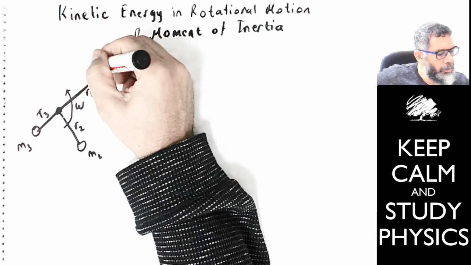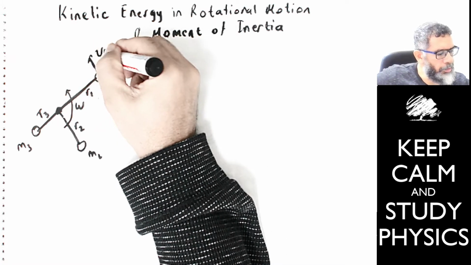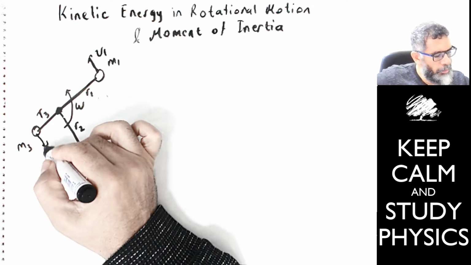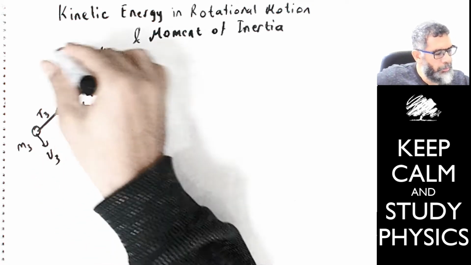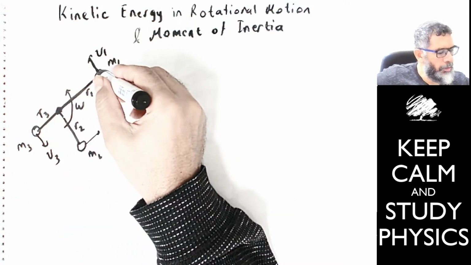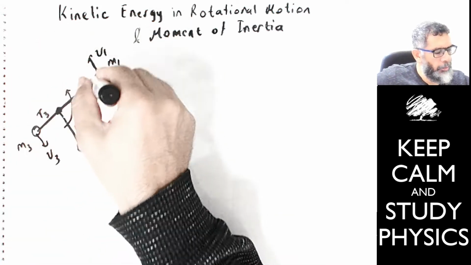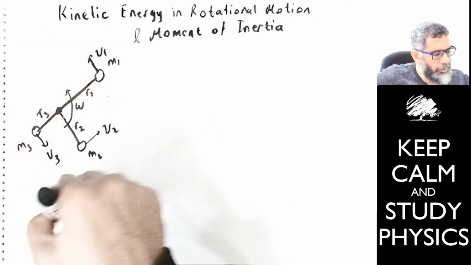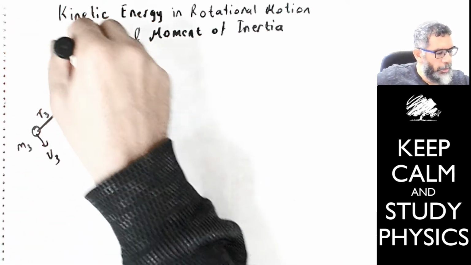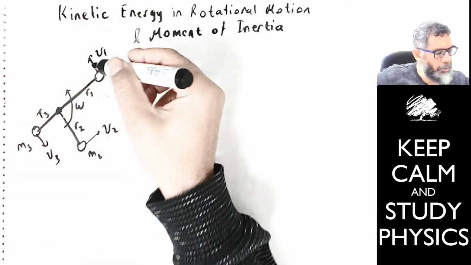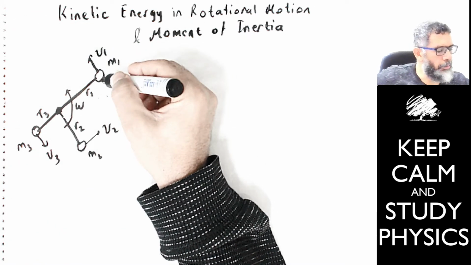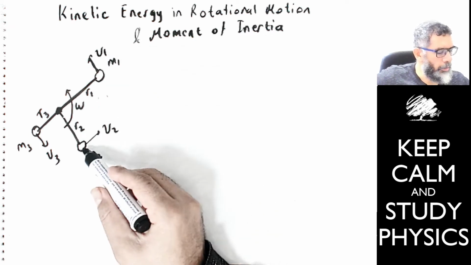Let's also call these tangential velocities, putting them over here. This is V1, this is V2, and this is V3. As the system rotates, all the masses will have a circular trajectory, and at every point of this trajectory, their tangential speeds will be tangent to the trajectory, like this one and this one.